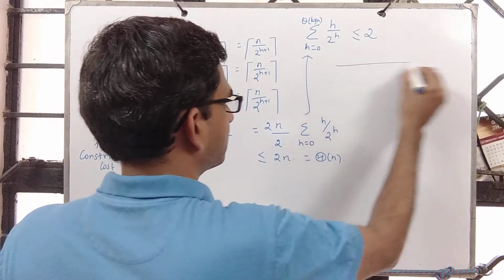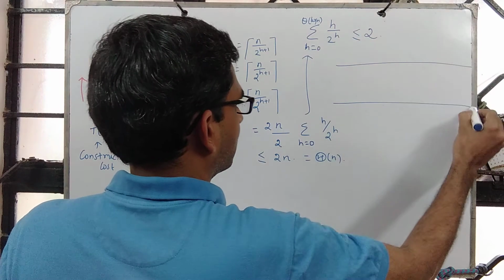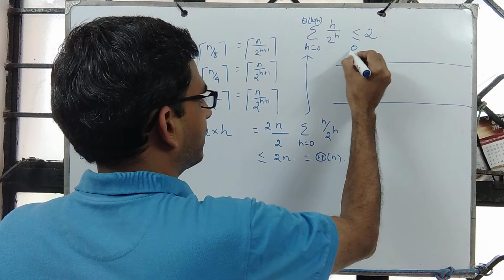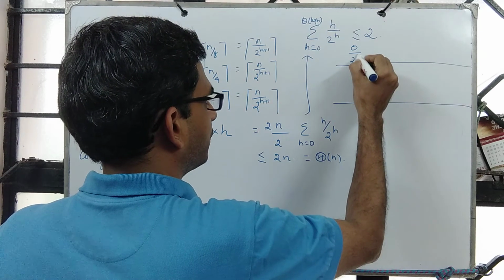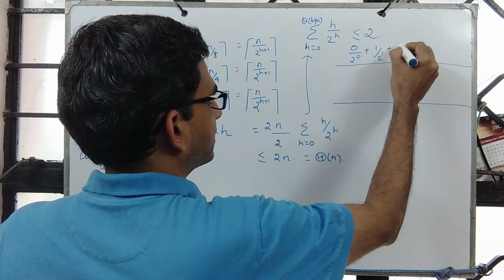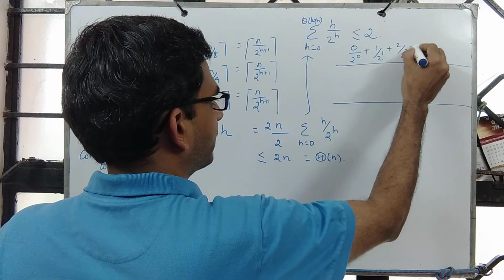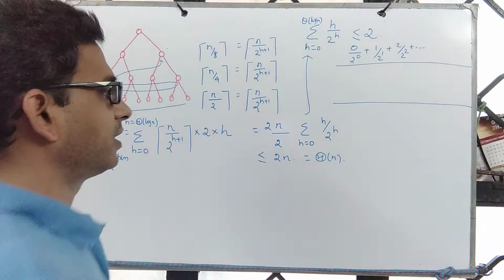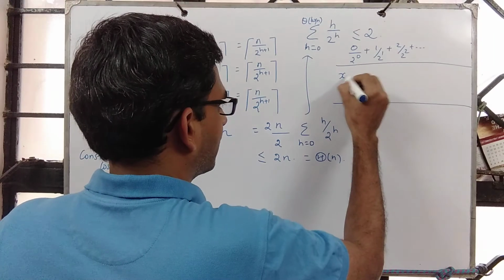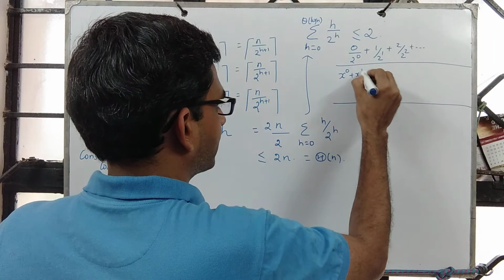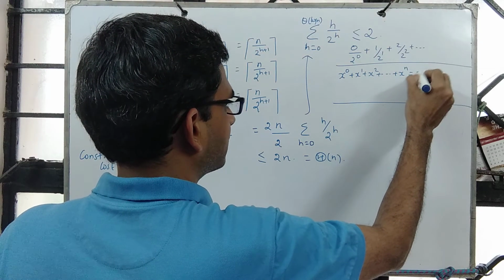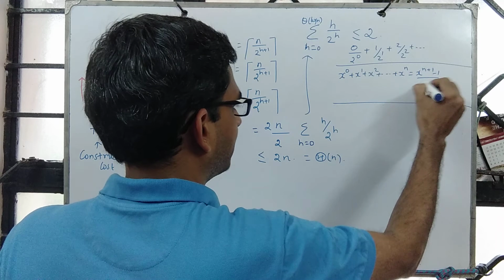So the idea is this. If you expand this, what do you get? You get 0 by 2 power 0 plus 1 by 2 power 1 plus 2 by 2 square, like that it goes, right? And you can look at this series, x power 0, x power 1, x square, and so on up to x power n, which is x power n plus 1 minus 1 by x minus 1.